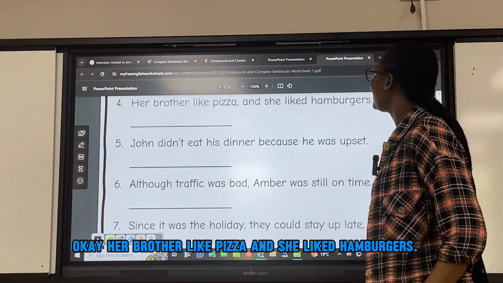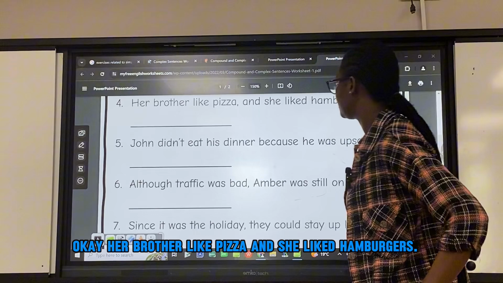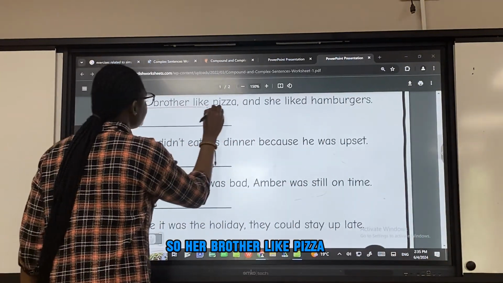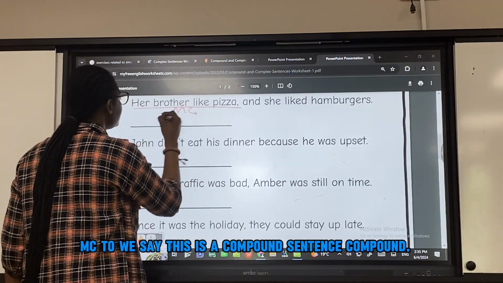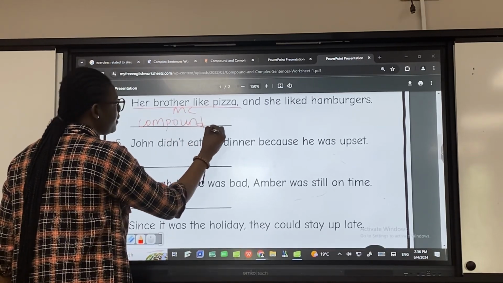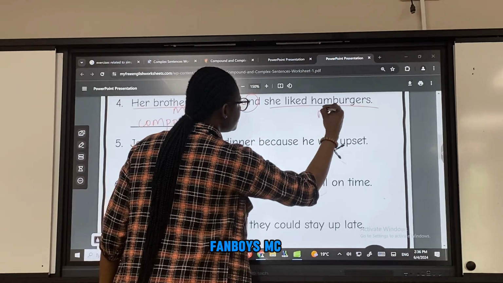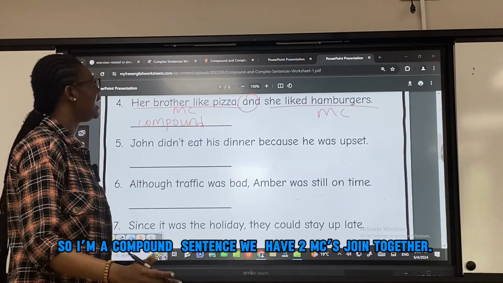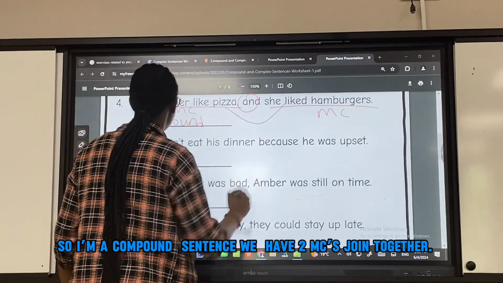Her brother liked pizza and she liked hamburgers. So her brother liked pizza, MC. So we say this is a compound sentence. FANBOYS, MC. So in a compound sentence, we have two MCs joined together.